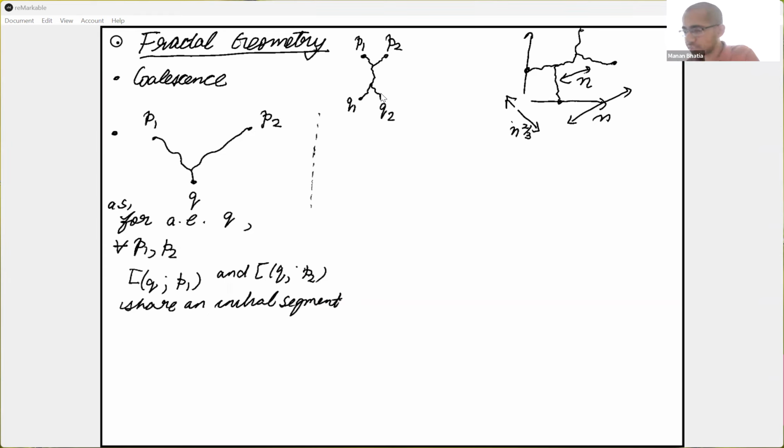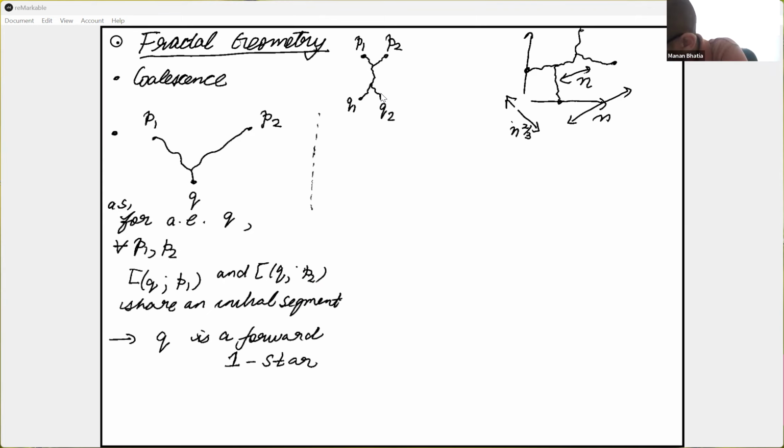So if this happens, then I call Q a forward 1 star. I call it a 1 star because there's only one geodesic arm coming out from it locally, right?